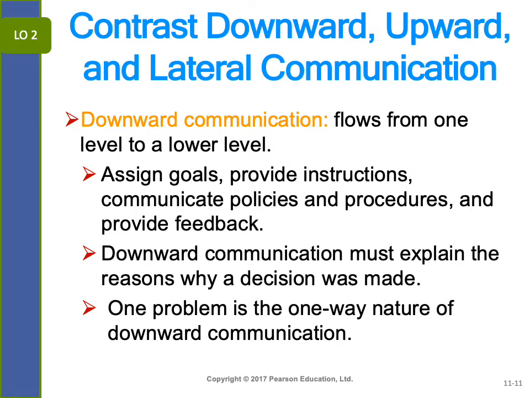For example, you have to do this, you have to do this. I assign goals and give instructions. I also communicate about policies and procedures, the dos and don'ts, and provide feedback when I listen to your presentations and then give feedback.